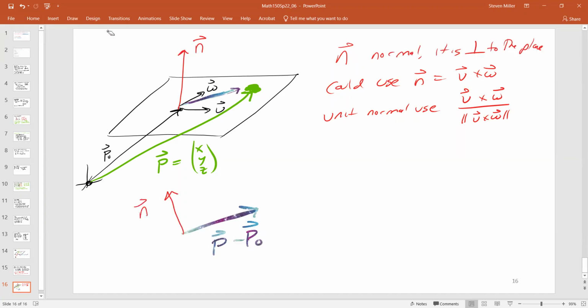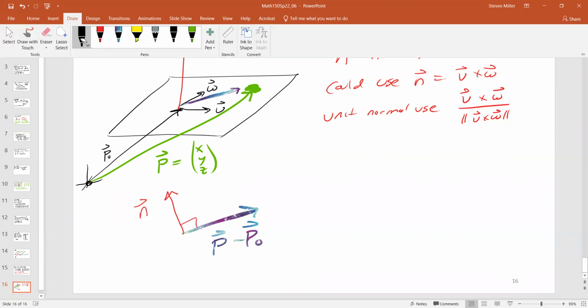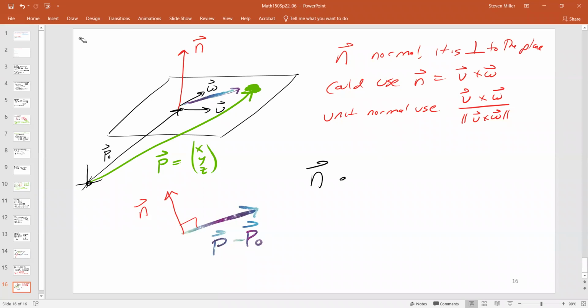What must be true about the normal vector and P minus P naught, if P is in the plane? They're perpendicular. Okay, so how do we use that? Well, that means the normal dotted with P minus P naught has to equal 0.